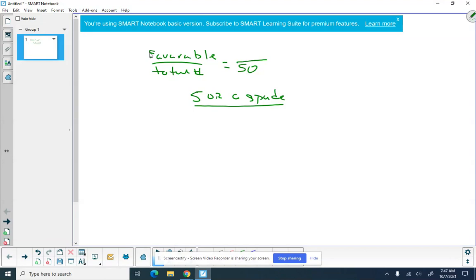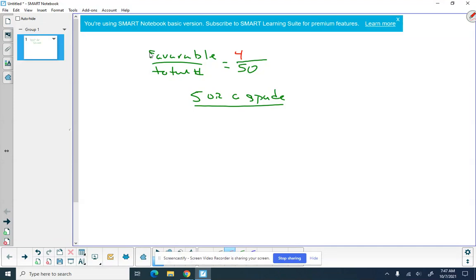How many 5s do we have in the deck of cards? We have 4 of them. So we have 4 5s in the deck of cards. Now we take a look at how many spades we have in the deck of cards. Well, we're missing the Ace of Spades. So we have a total of how many spades in this deck of cards? 12 of them.